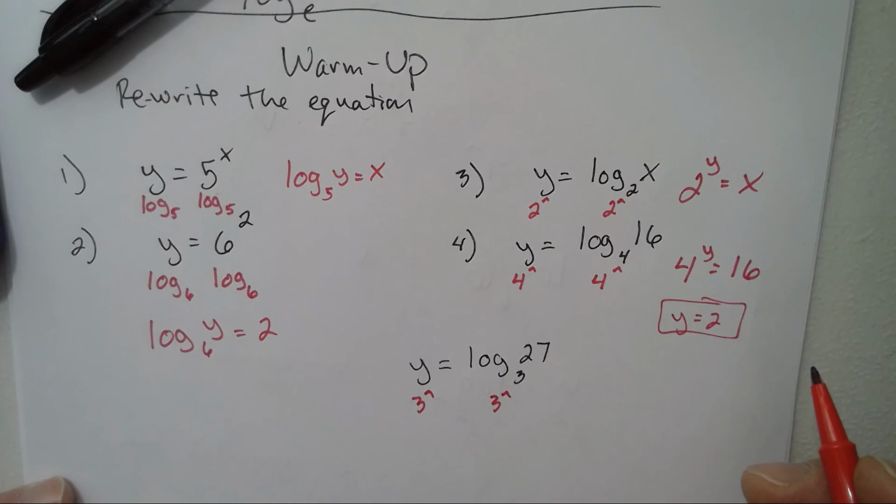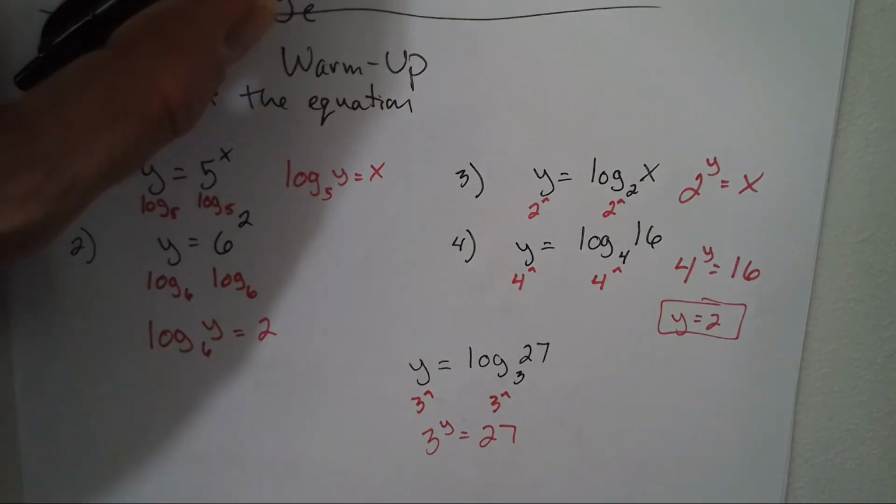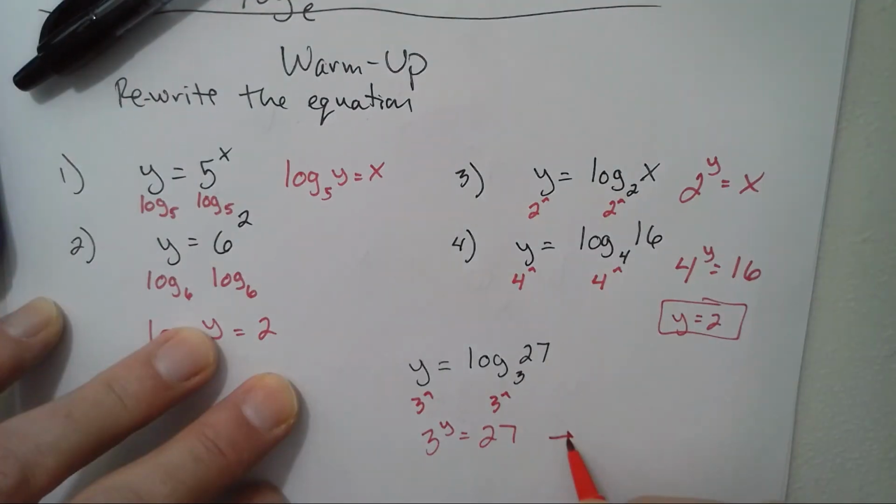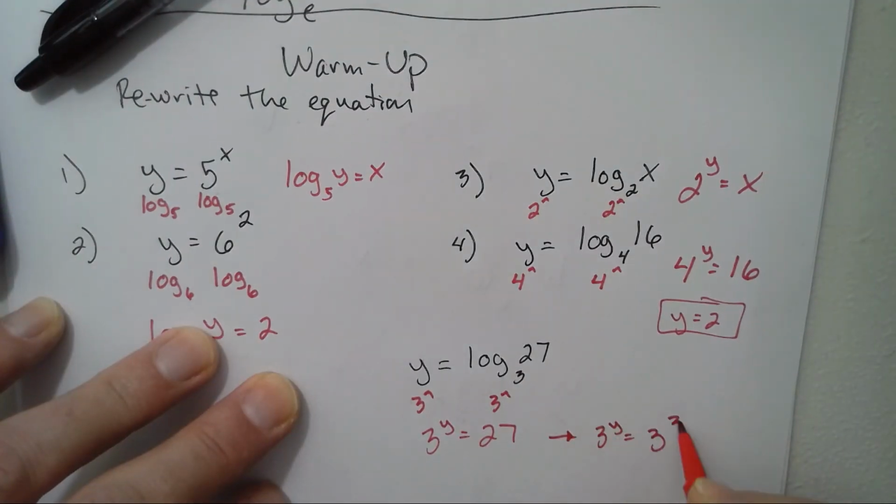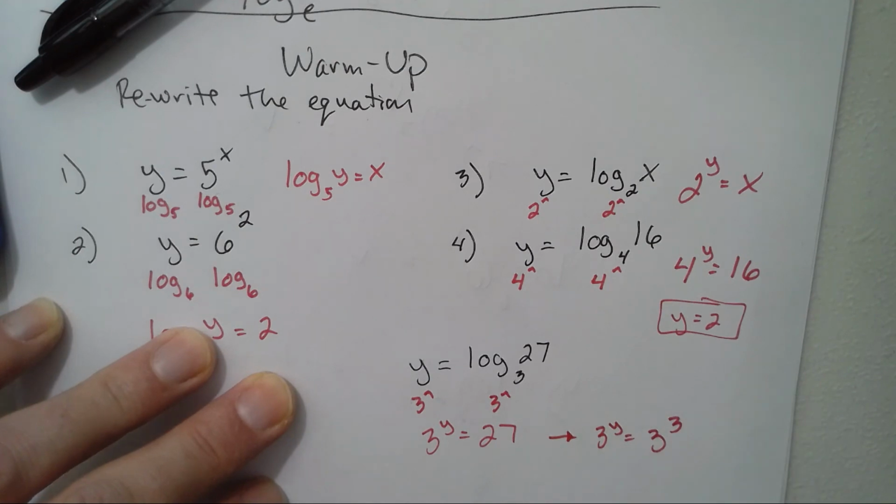So I have 3 to the y equals 27. Well, I know that 27 is 3 cubed, so then y must be 3. So log of 27 base 3 is 3.